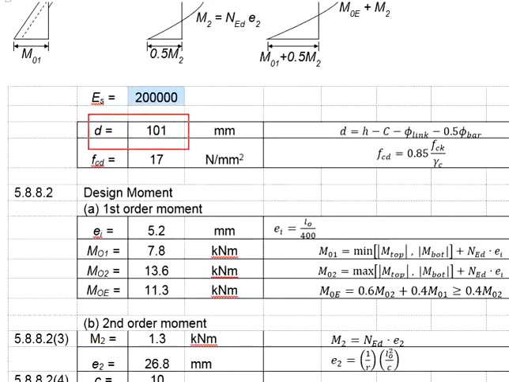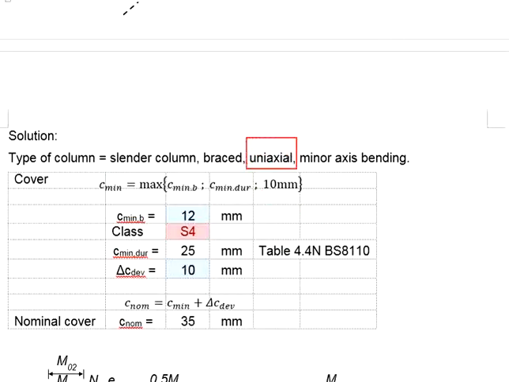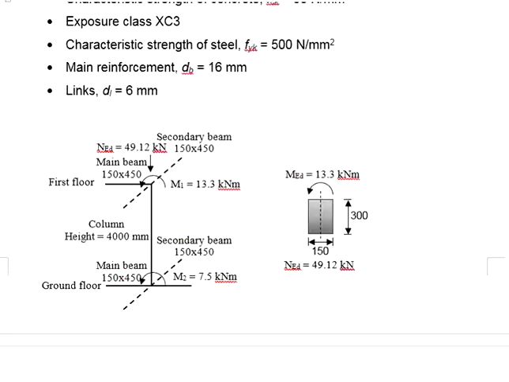This effective depth is important. You must first know the axis that you are designing for the column. In this case, it is uni-axial load acting in the minor axis. That means when we calculate the d, it is no longer on the basis of 300, it shall be on the basis of 150.